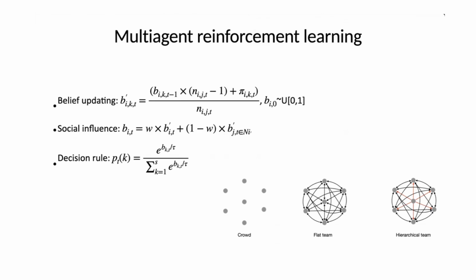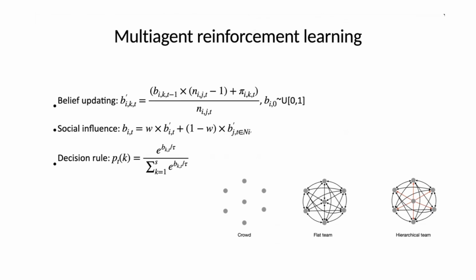The important part here is actually the social influence: the belief for agent i at time period t does not depend only on this agent alone. We already mentioned there's a coordination challenge, and besides this, there's also social influence, because they're in the same organization. So this belief is influenced by the other agents in the same organization, modeled by the parameter W. W multiplies the individual belief of the agent, plus 1 minus W, the other weighting, multiplies the belief from the other agents in the same organization.